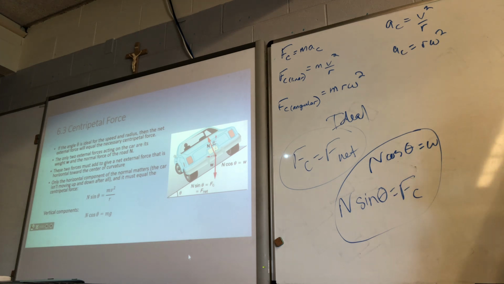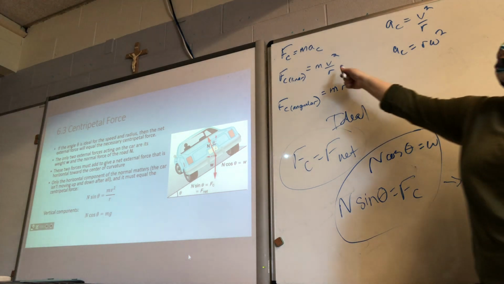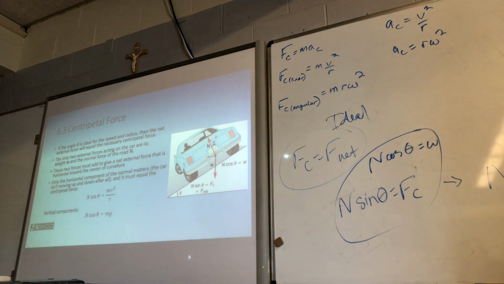Now, in the particular case of this, n sine theta becomes that long thing, right? So we replace FC with this. And this is of course all the horizontal.